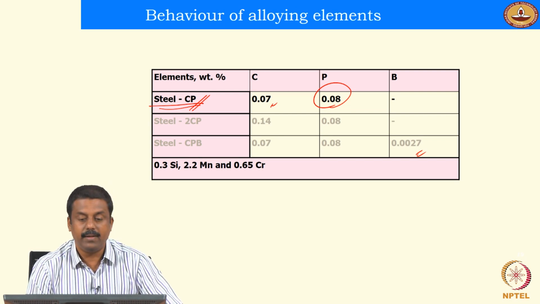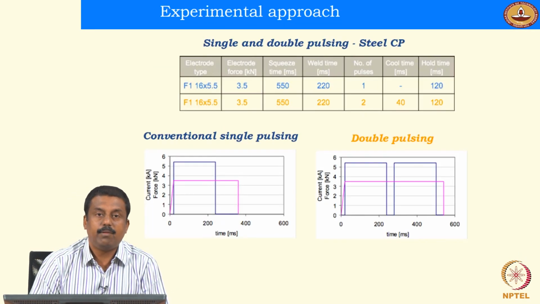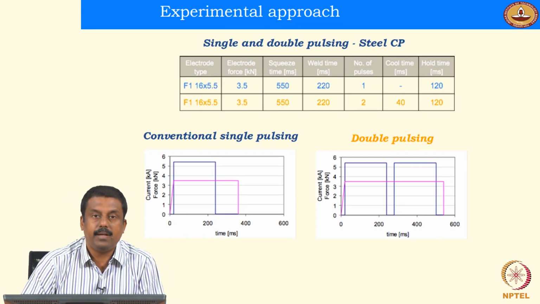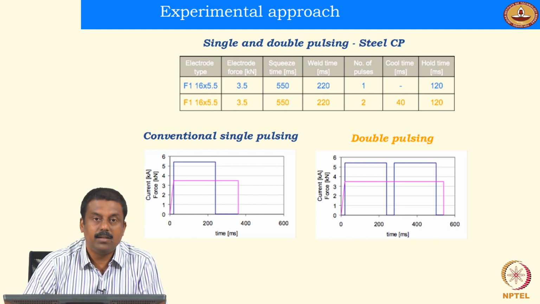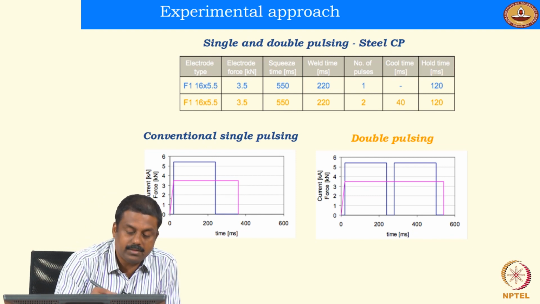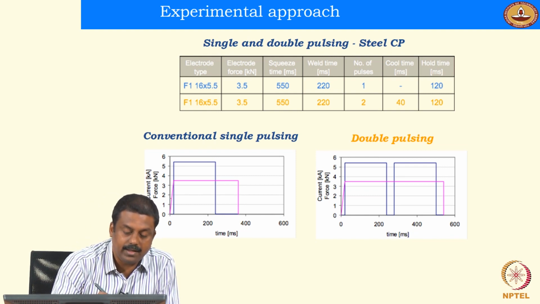We will look at one modification in weld thermal cycle. Before that, I will explain how this modification can be carried out. So, this modification we can do by applying a second pulse during resistance spot welding. So, in conventional single pulse resistance spot welding, recall our lectures in resistance spot welding.